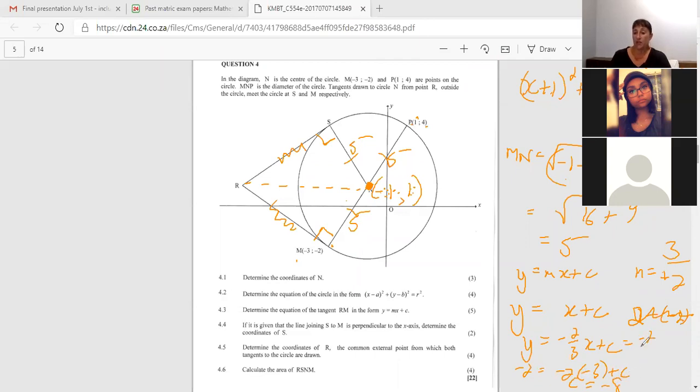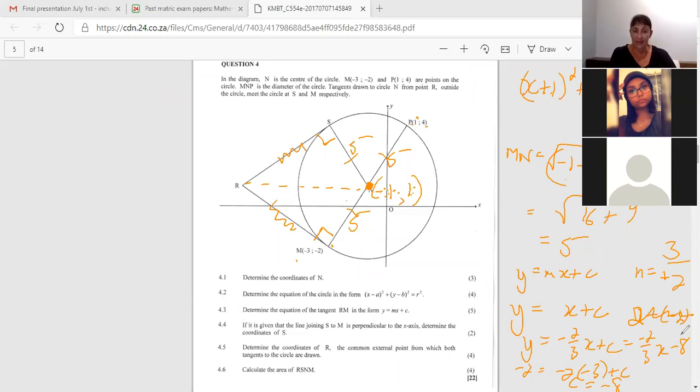So it will be minus 2 over 3x minus 8. Just check that you're happy with that. So lots of thinking involved, right?